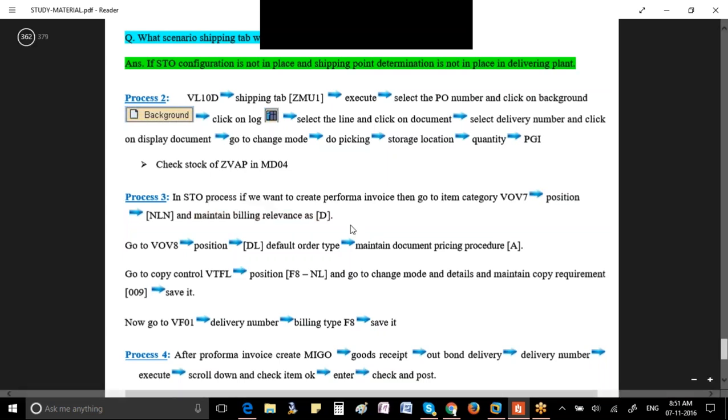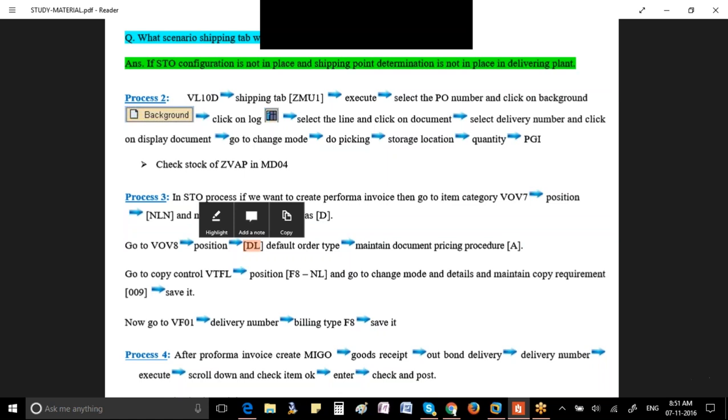So VOV8, default order type DL. Why? Because STO is a process where you do delivery without order reference.